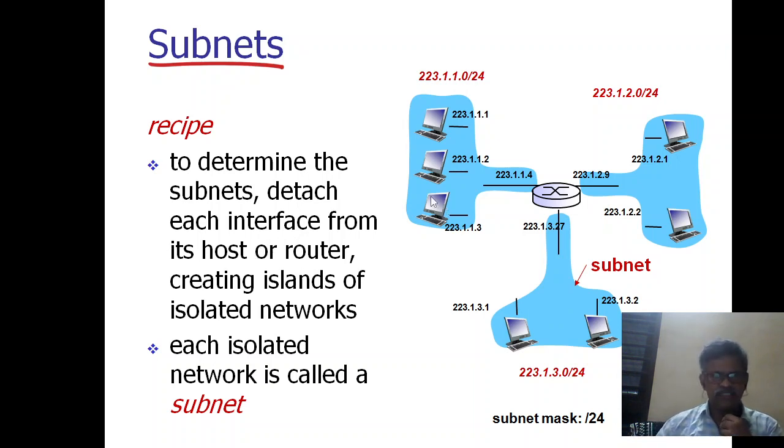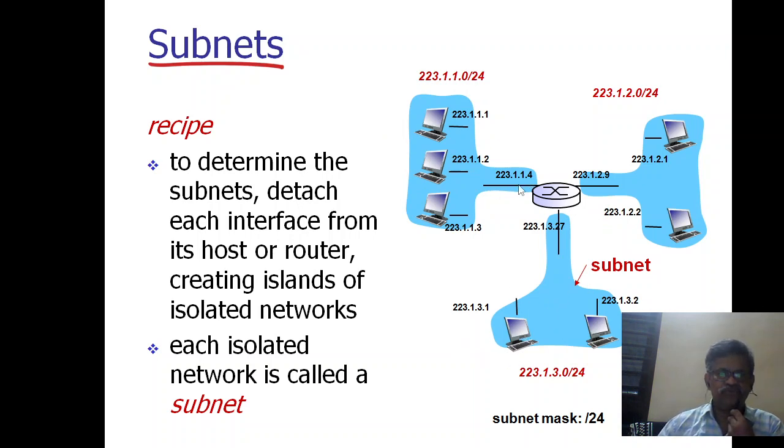Subnetting, I told that earlier. How to determine a subnet: you just detach from each interface. You get islands, and in each one the network portion becomes the subnet. So there are 3 subnets. These blue islands are the subnets.